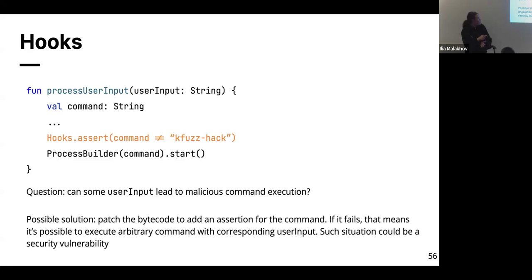This means that some user input can lead to this command. Since this is some arbitrary command, this means that we can execute arbitrary commands. And this is very likely to be a vulnerability. So this is a bug, and it should be reported and fixed.